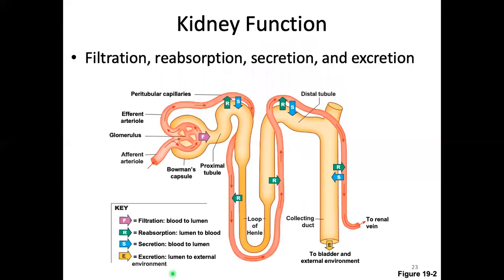Here's a better picture. What's the job of the glomerulus? To do filtration, right? It filters almost everything out, except for large molecules like your red blood cells, white blood cells, platelets, and albumins. Everything else is filtered out.